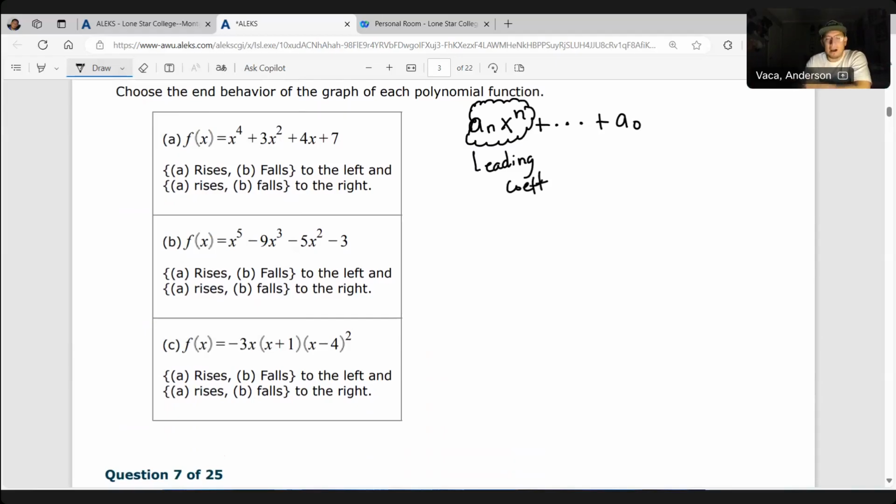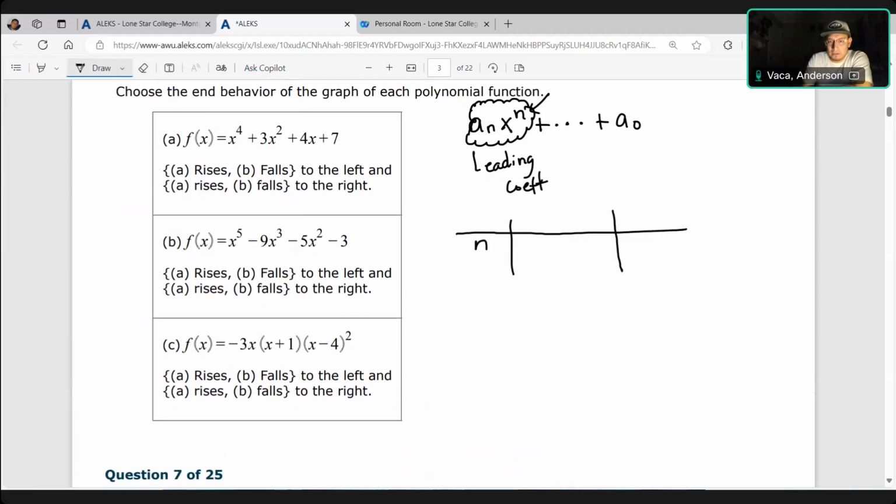And the exponent, which happens to be n here, tells us a whole lot.